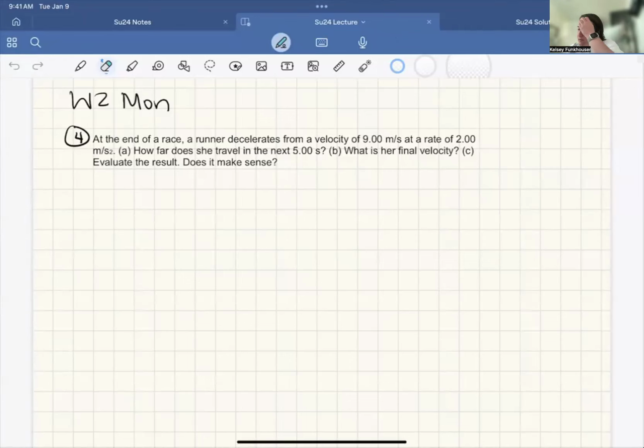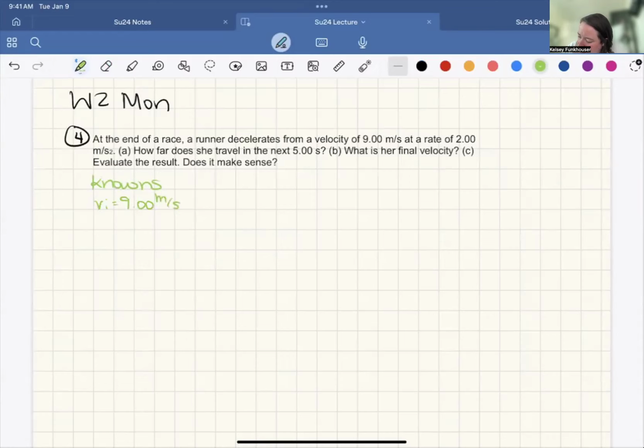So, knowns and unknowns. Let's pick a color. Please green. Okay, what do we know? We know the initial velocity is 9.00 meters per second.